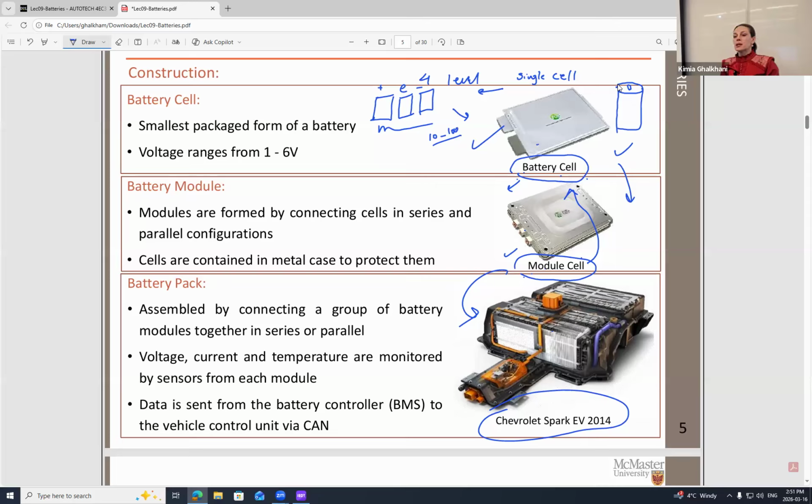At some point, I'm going to teach you how to calculate the required energy for your pack design. And after you calculate it, how to build it, how many cells do you need, and how many of them should be in parallel connection, how many of them should be in series connection, right? And definitely the connection method can impact the number of cells, right?